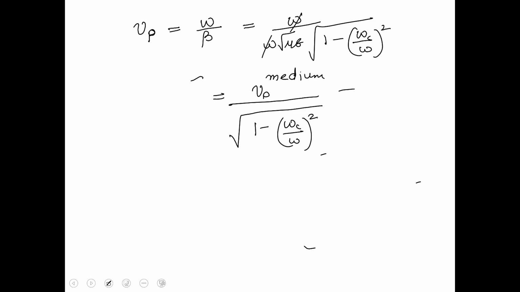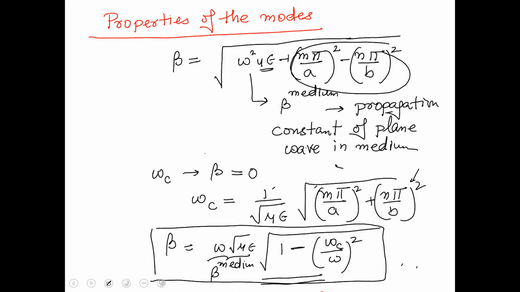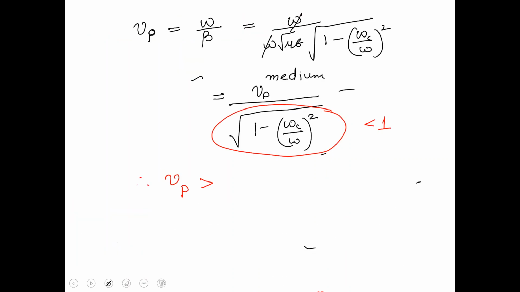And again, remember, as we had discussed before, this term is going to be less than 1, so the phase velocity in the waveguide for a mode is going to be greater than the phase velocity in the medium. Does it create any issues?